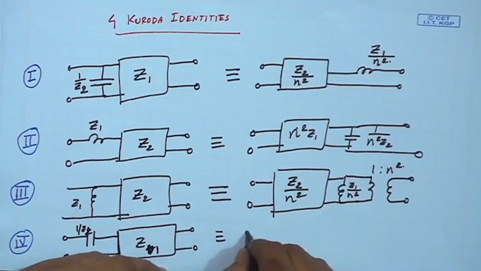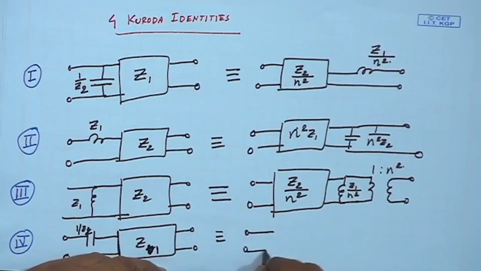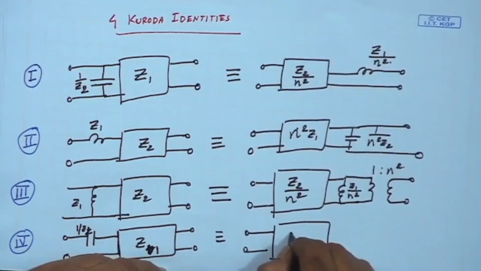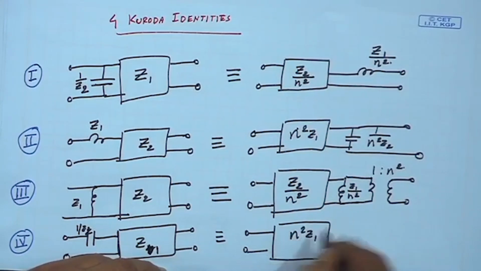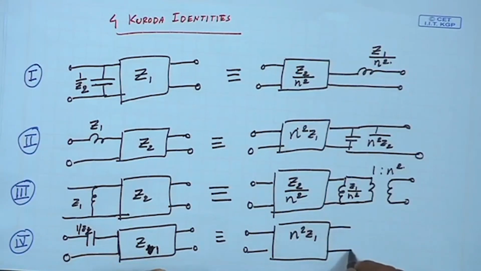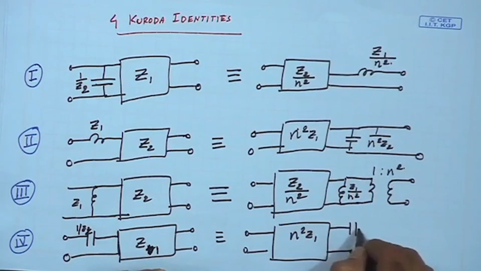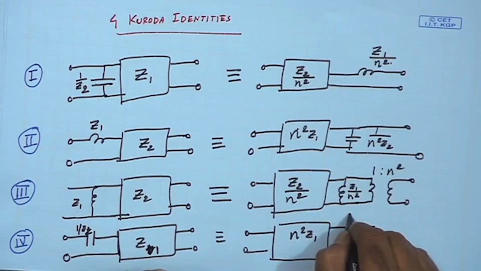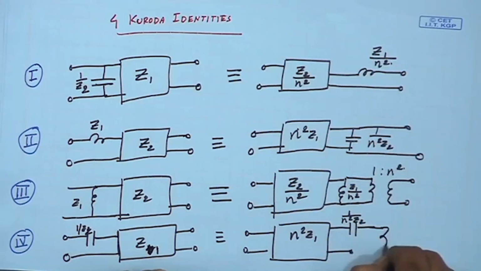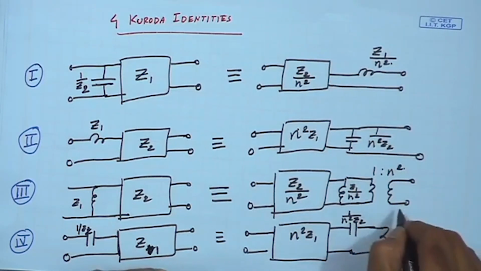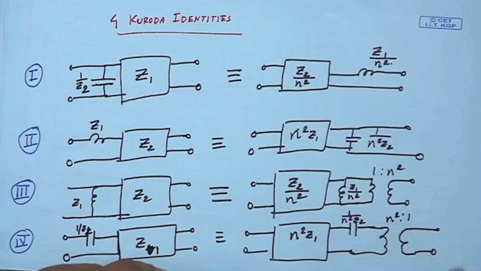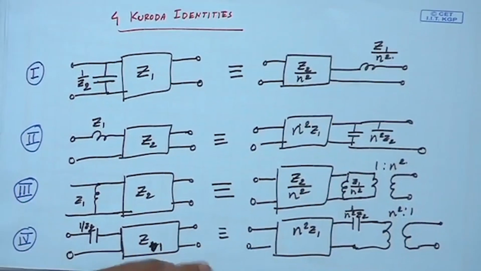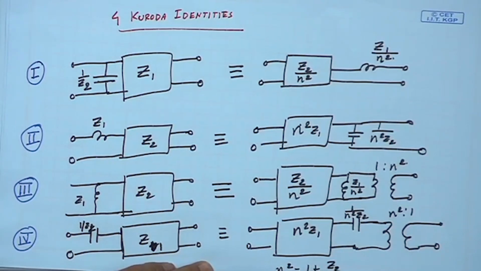So, he says this will be n square Z1, then you can retain this 1 by n square Z2, but then with a transformer whose ratio is n square to n. So, in all these cases n square is equal to 1 plus Z2 by Z1.